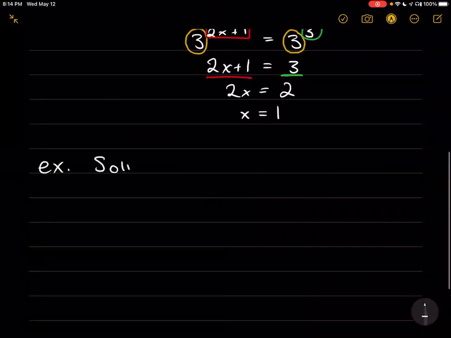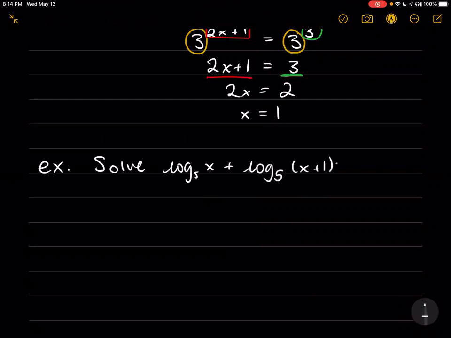Let's say we wanted to solve something like log base 5 of x plus log base 5 of x plus 1. Let's say we want that to be equal to log base 5 of 6. To start off, I'm going to use one of the logarithm rules to combine the two logs on the left-hand side.